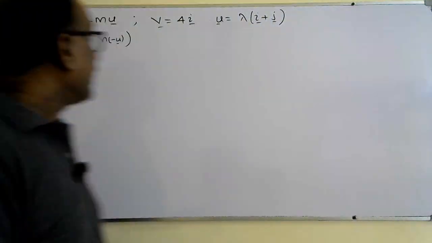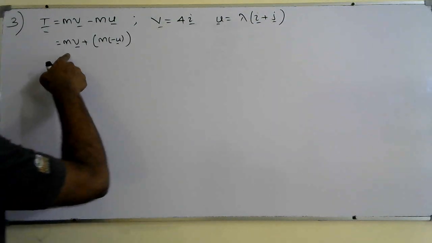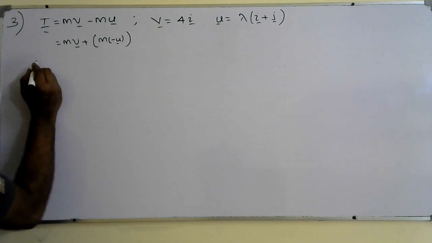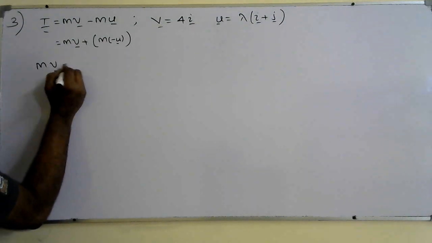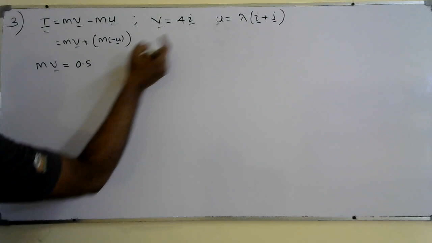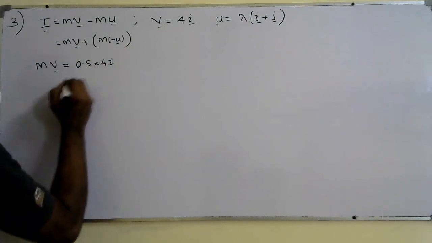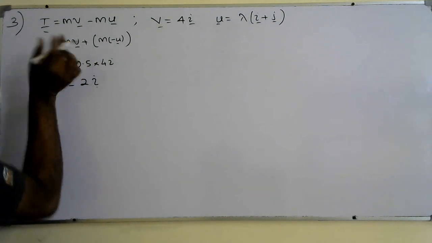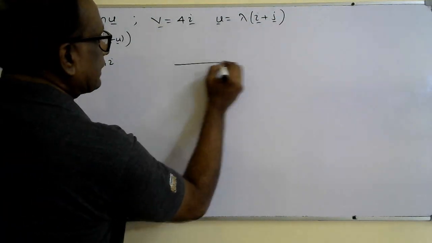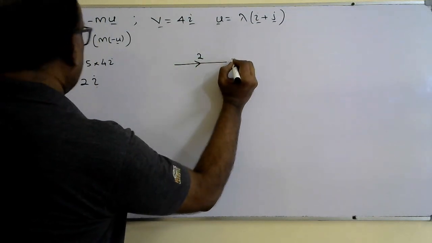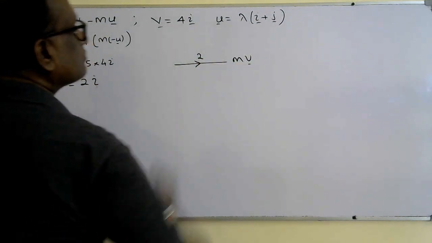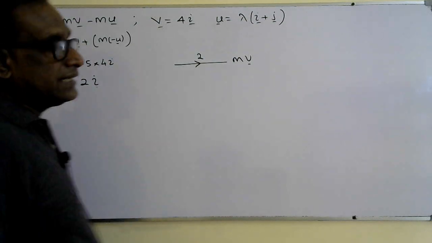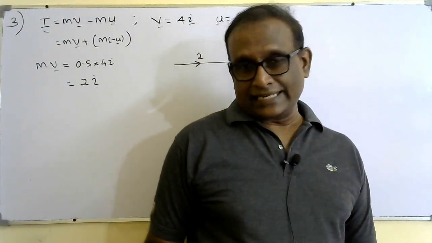Okay, so there is mv, what is it? Mass into v. The mass is given as 0.5 kilograms, so mv is equal to 0.5 into 4i. That is 2i, so mv can be shown along the i direction as 2 units. That is mv. Now minus mu is added.